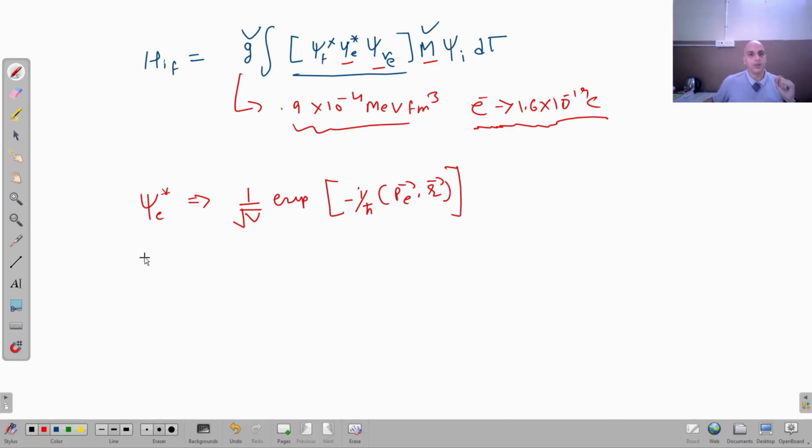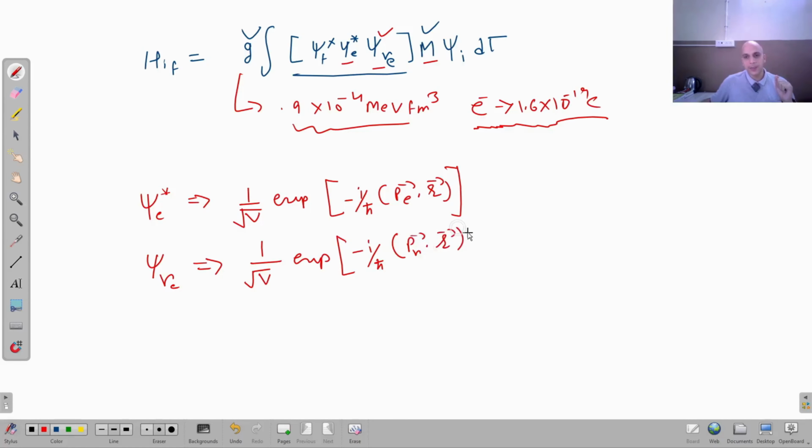Similarly, wave function of the neutrino. You can see here, neutrino associated with electron, I am writing this subscript. So the wave function of the neutrino associated with electron will be again the same type, 1 upon under root V exponential of minus iota upon h cut into p neutrino dot r.